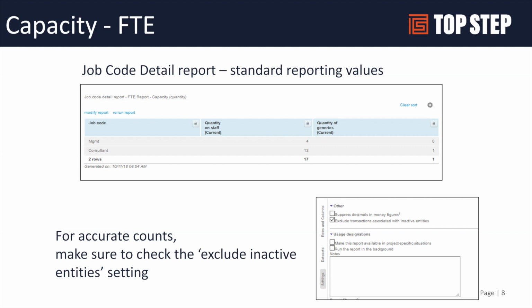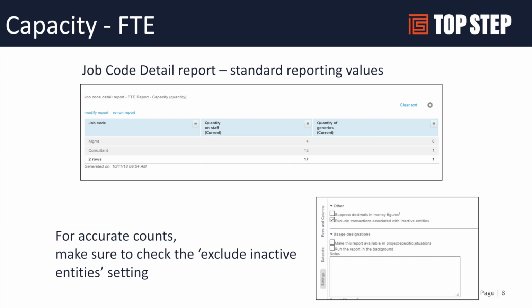And then when you do generics, there is a report in OpenAir that's probably not very well known called the job code detail report. One of the benefits is there are two reporting values that come out of the box. If you run a job code FTE or job code detail report, there is a quantity of staff current and a quantity of generics current.